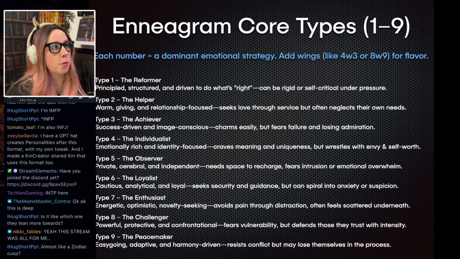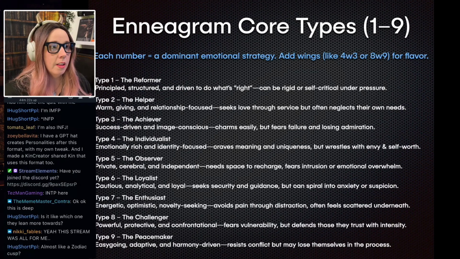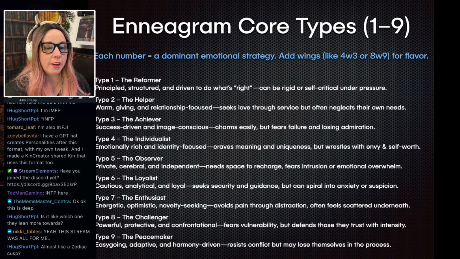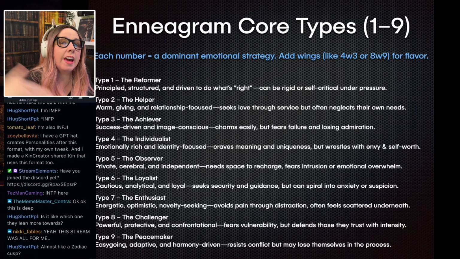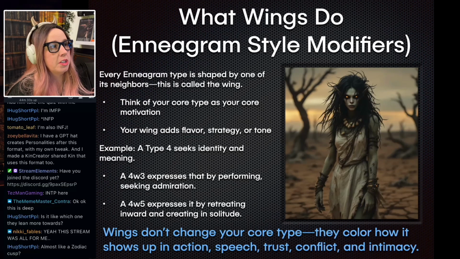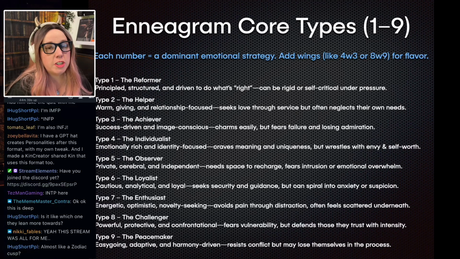They're success-driven and image-conscious, which is why it said looking for that validation outwardly. So they're looking for it outside. They're trying to get that validation from an outside source. Versus the other one, which is a 4W5: private, cerebral, and independent. They need space to recharge.